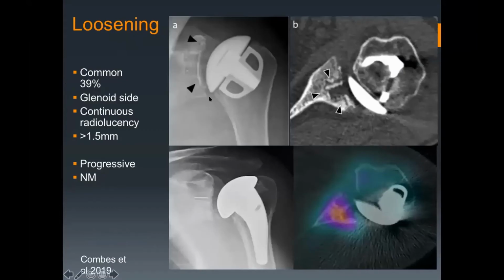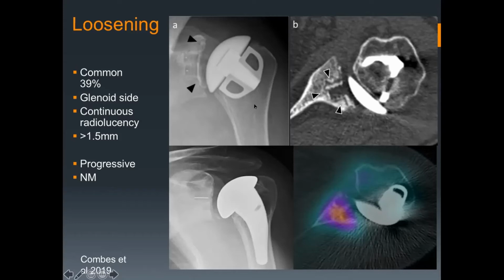And the other common complication in TSA, up to 39%, is loosening. Loosening in total shoulder arthroplasty tends to happen on the glenoid side. The radiographic features are really a continuous radiolucency, and in the literature they state it's greater than 1.5 millimeters at the interface between the prosthesis and the bone.